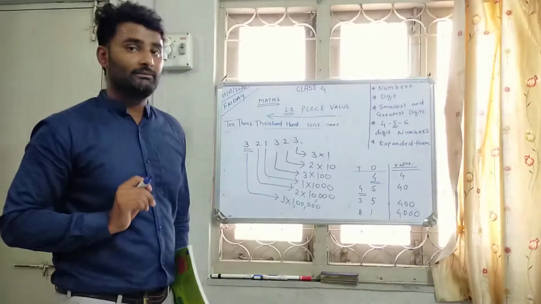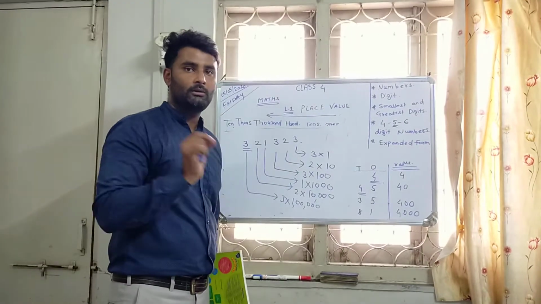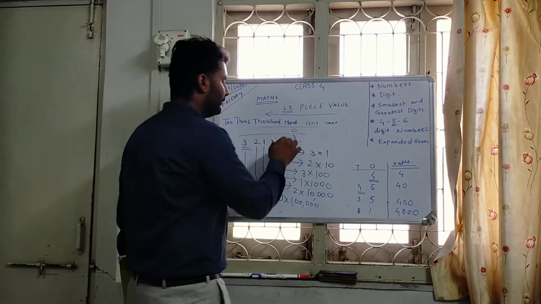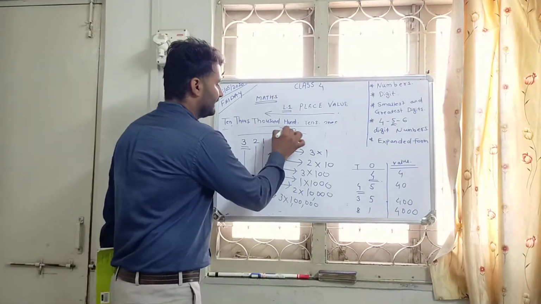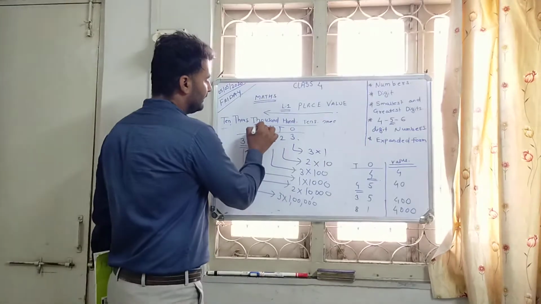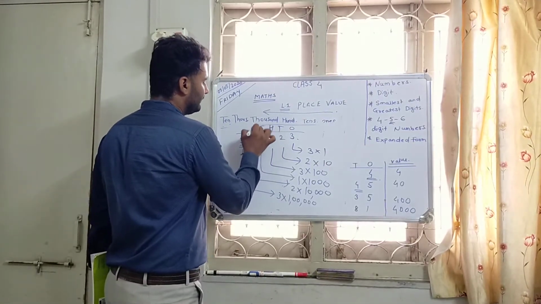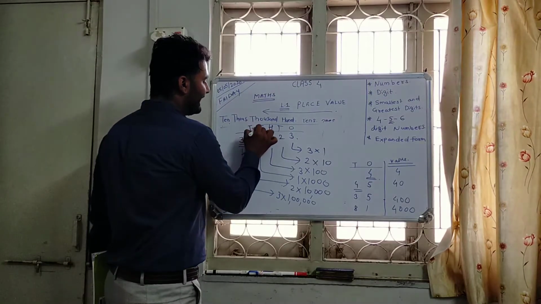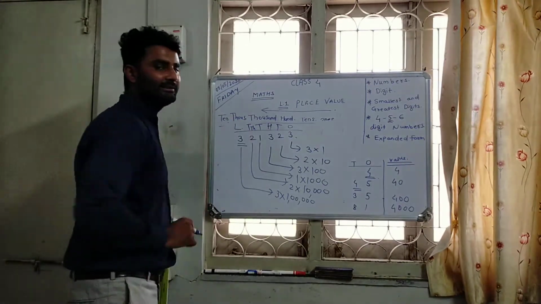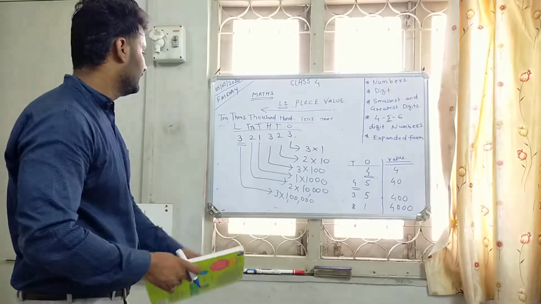But I forgot to write something above the place values. O stands for ones, T stands for tens, H stands for hundreds, Th stands for thousands, TTh stands for 10,000, and L stands for lakh place.